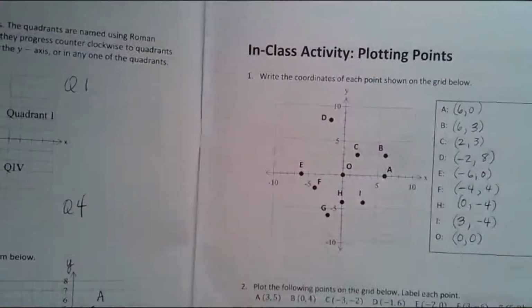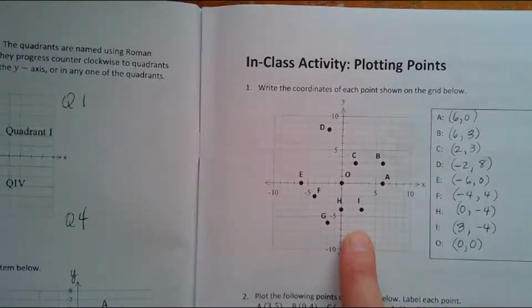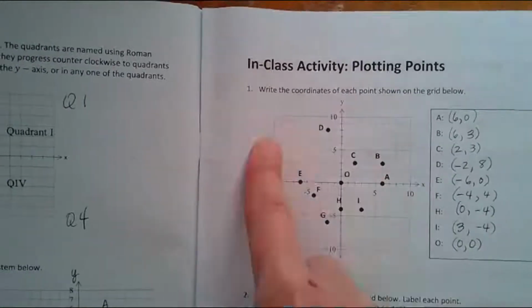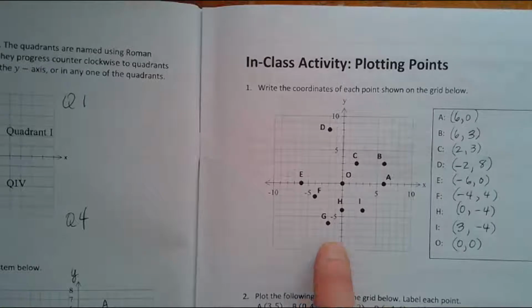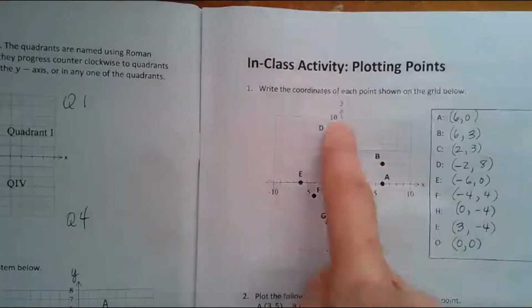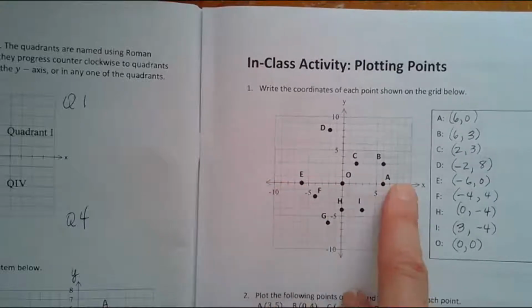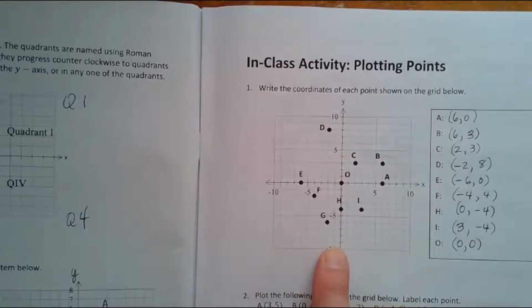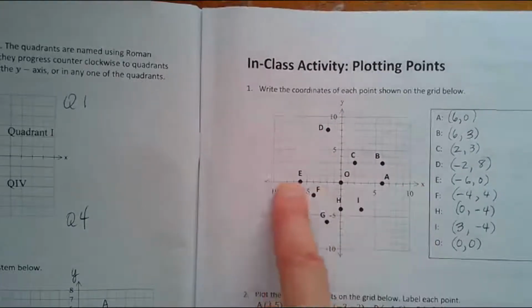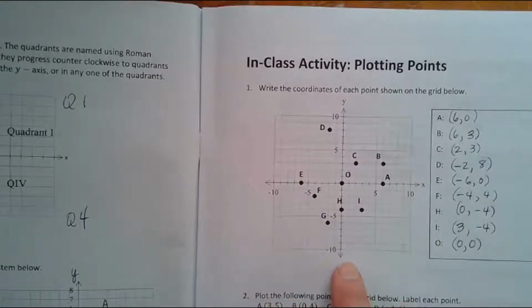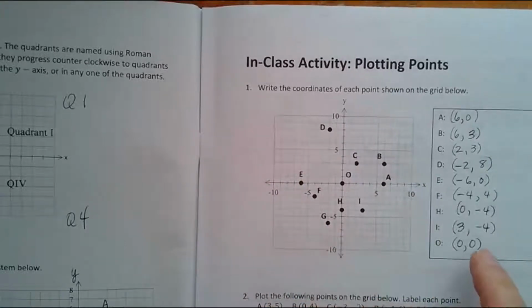Just graphing a point, we know that a coordinate point, if I plot a point on a grid that looks like this, I have two axes, an x-axis and a y-axis, the horizontal and the vertical. So therefore I need two identification numbers, right? I need an identifier for the x-axis and an identifier for the y-axis.